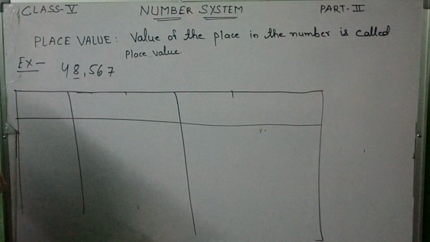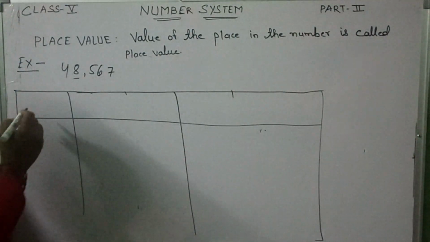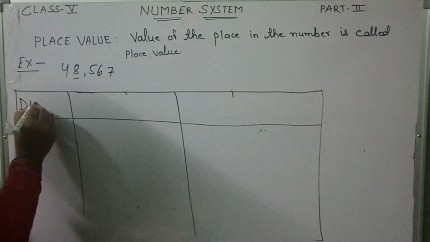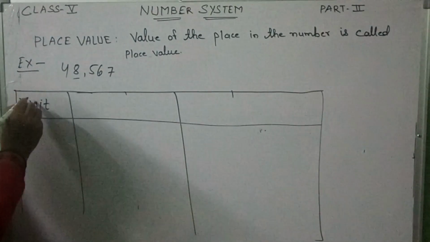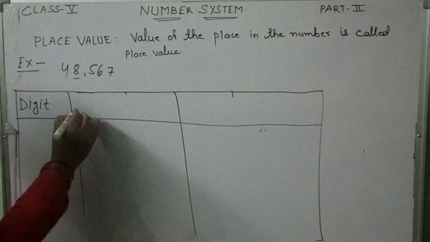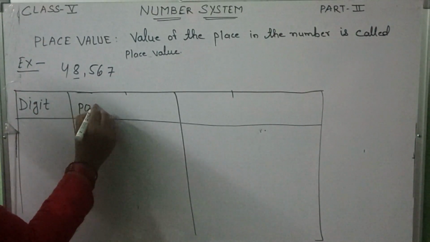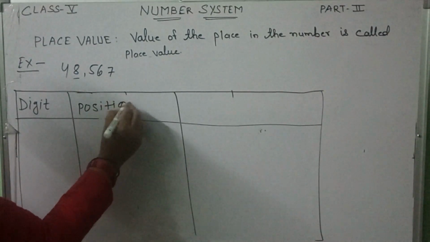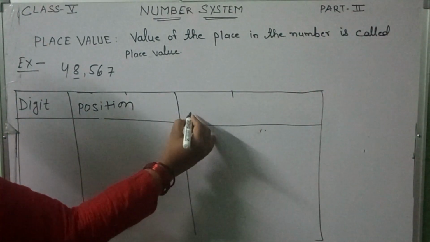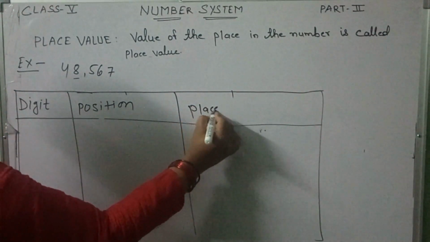In the first column you write the digit, in the second column you write the position, and in the third column you write the place value.